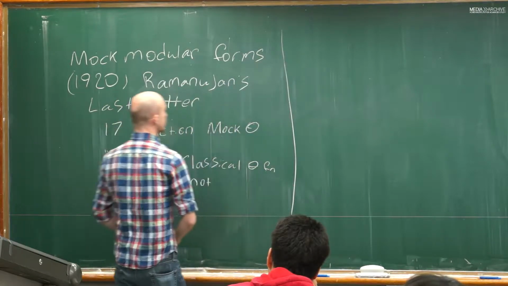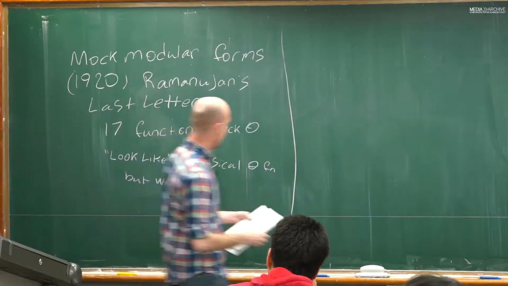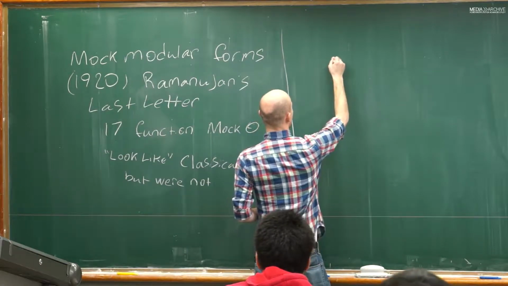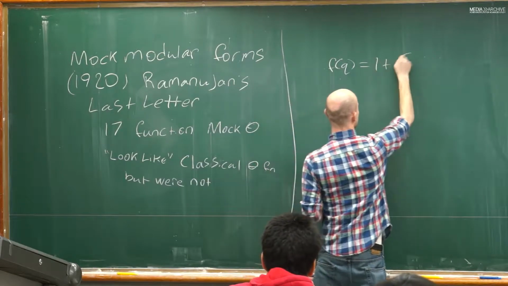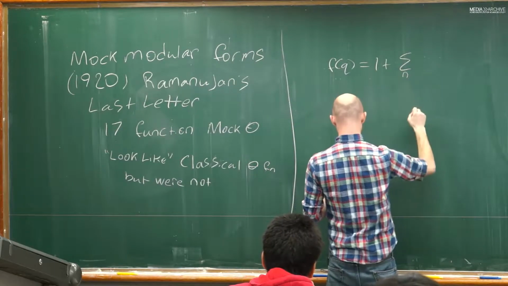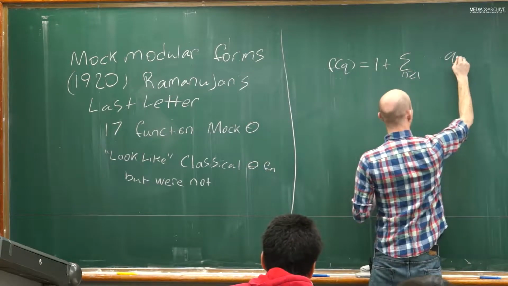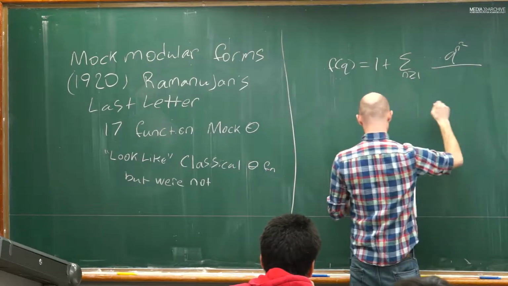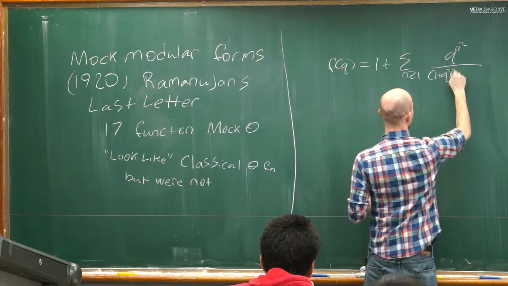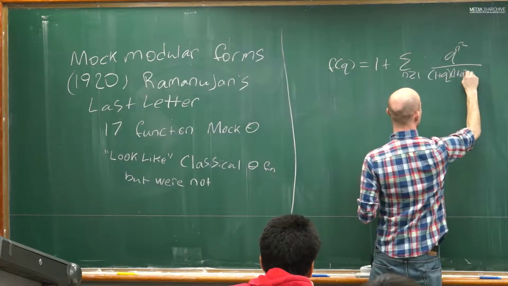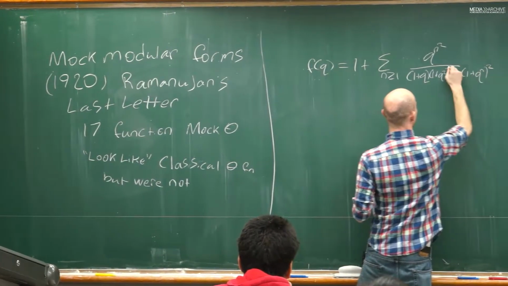Okay, so a quick example of this would be a function f of q, which is given by 1 plus the summation over n greater than or equal to 1 of q to the n squared over (1 plus q)(1 plus q squared) and so on up to (1 plus q to the n), all of these squared.